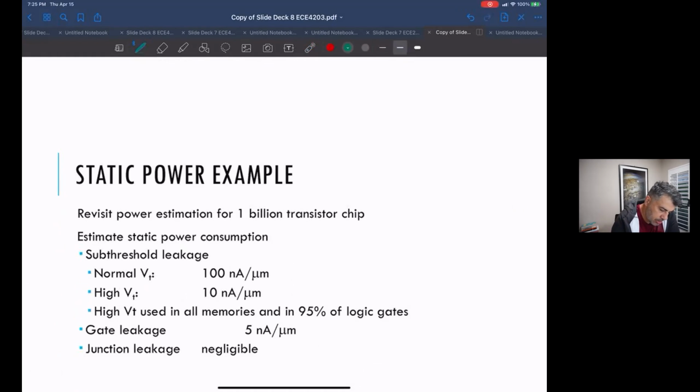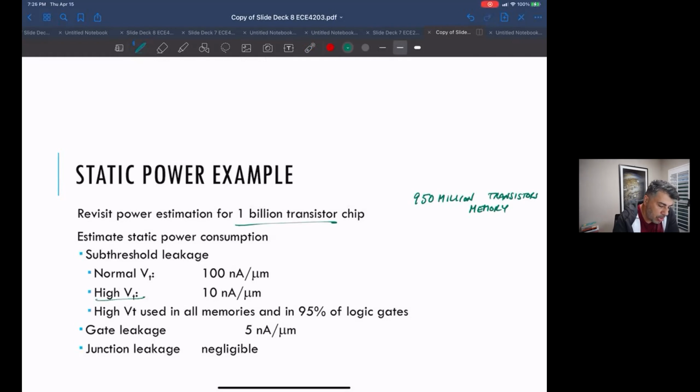So we had 950 million transistors out of the 1 billion transistors in our previous example that were memory. Okay, and this is saying that all these memories use a high threshold device.